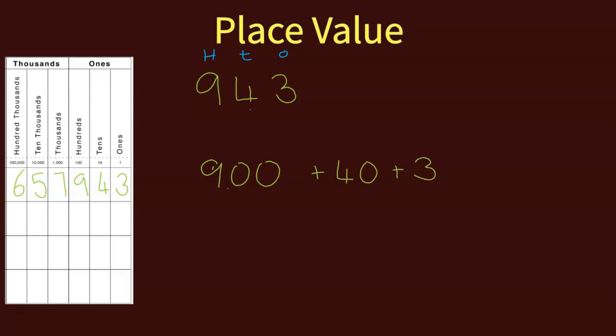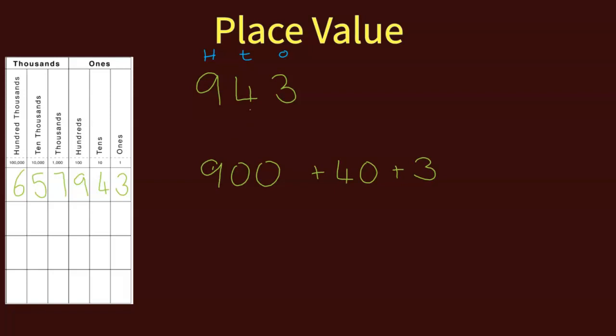So that tells us that's 943. So this is actually the expanded form, okay? I've expanded all of these digits to tell you what they each represent. I hope that makes sense. This is the standard form. This is the expanded form, okay?